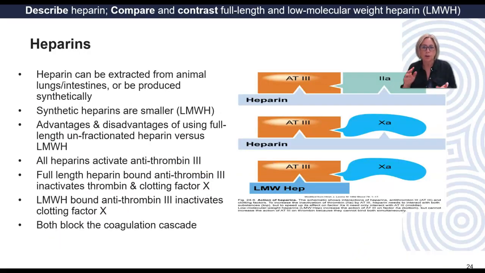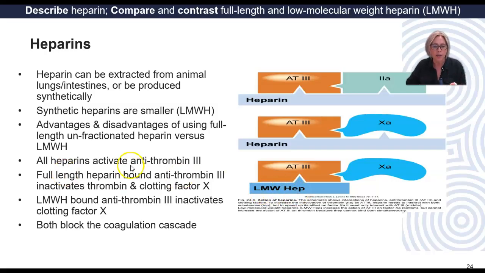Now, heparins are endogenous, naturally occurring anticoagulants, but they can also be given exogenously to activate antithrombin 3. So they can be extracted from animal lungs or intestines or be produced synthetically. However, the synthetic heparins are smaller, so they are low molecular weight heparin. There are advantages and disadvantages of using full-length unfractionated heparin versus the low molecular weight heparin.